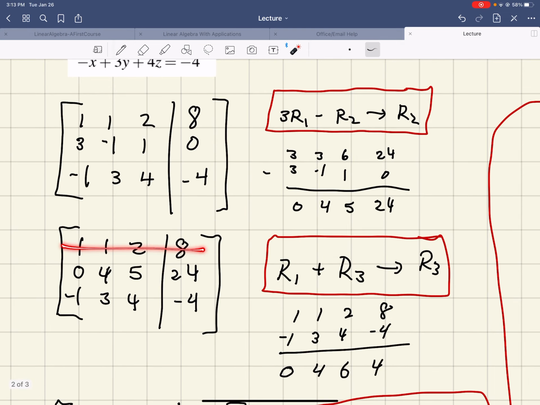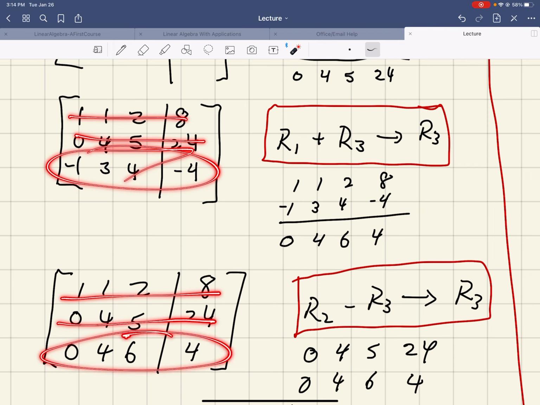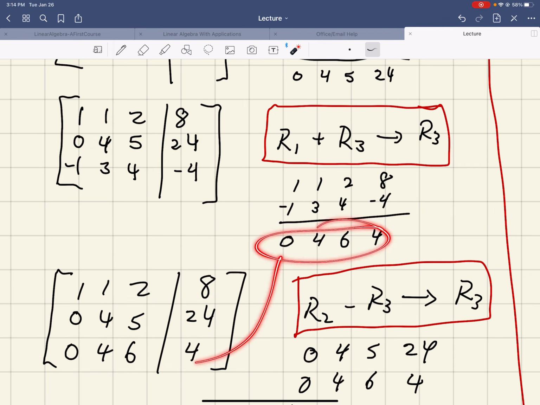So I just copy this row exactly right here, copy this row exactly right here, and add them all straight down. That's supposed to go into row 3, so notice here, row 1 is the same, row 2 is the same, but row 3 changes. And so I'm using the new row 3 right here.